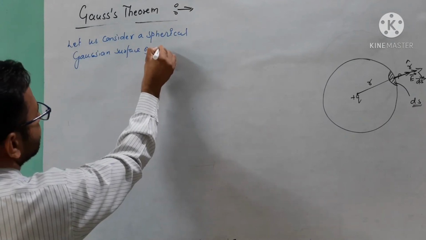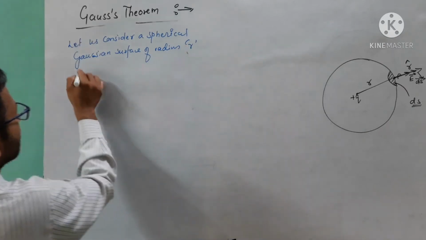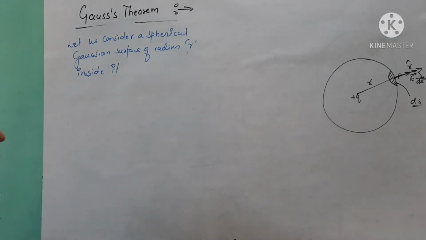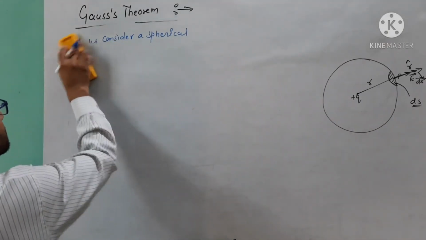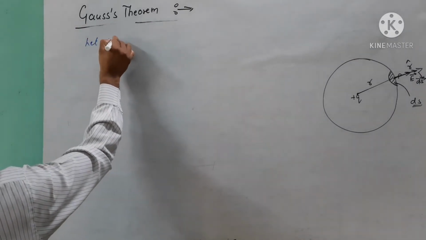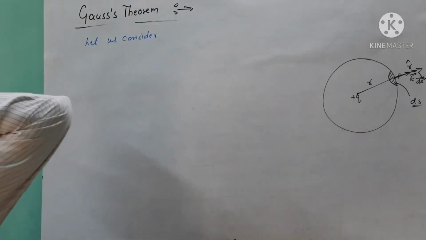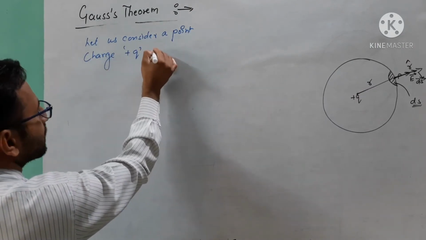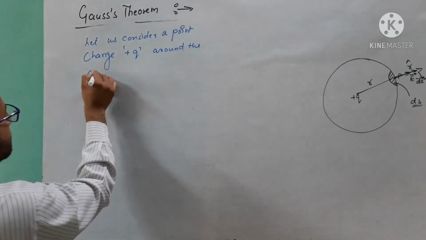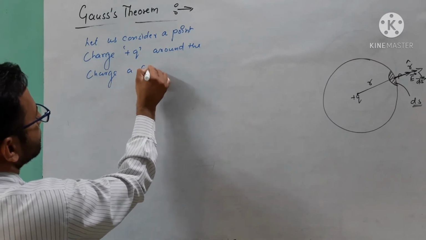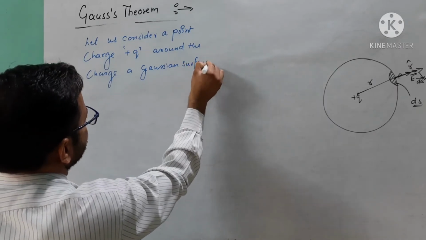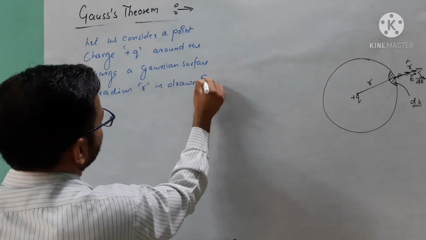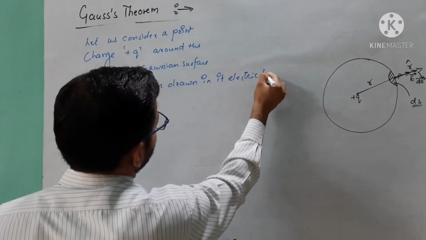Let us consider a point charge plus q. Around the charge, a Gaussian surface of radius small r is drawn in its electric field.